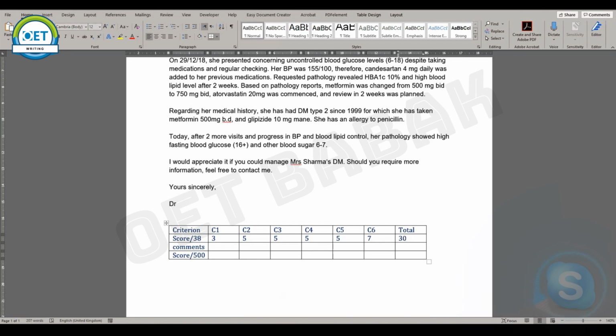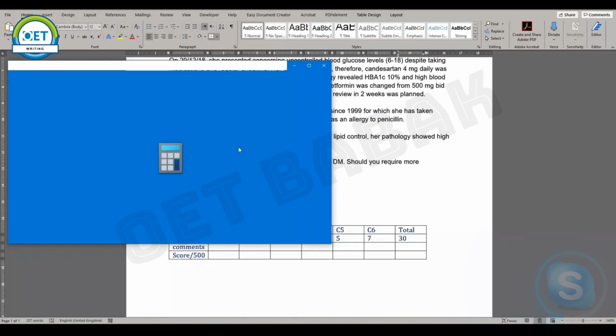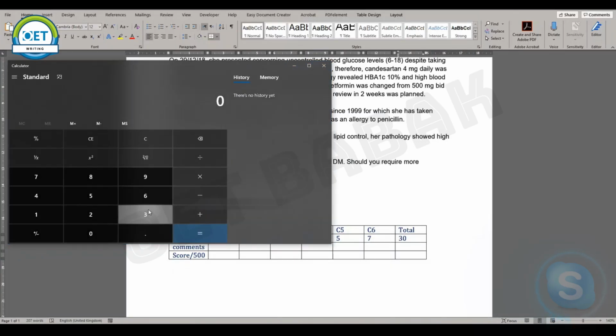And if we want to convert it, 30 divided by 38 multiplied by 500, that would be about 390.